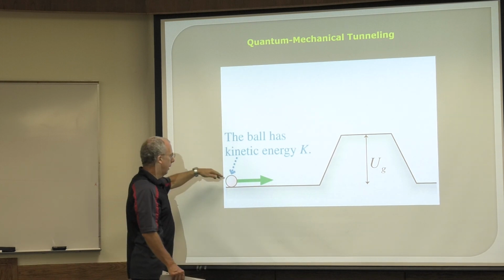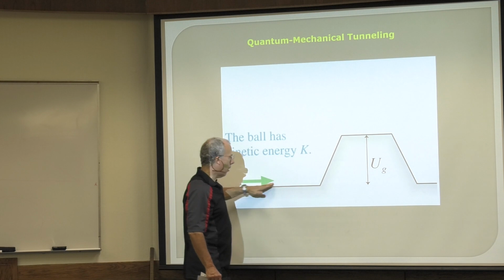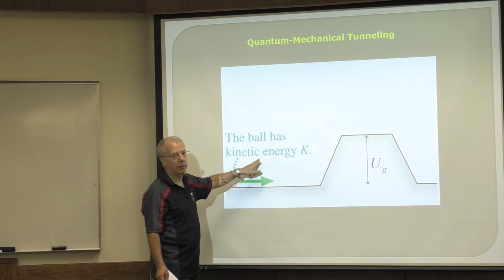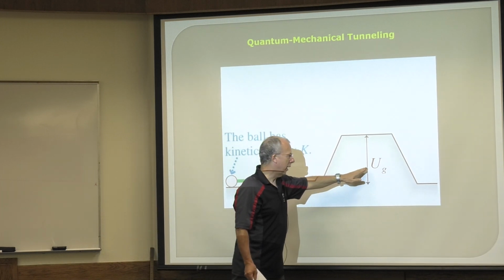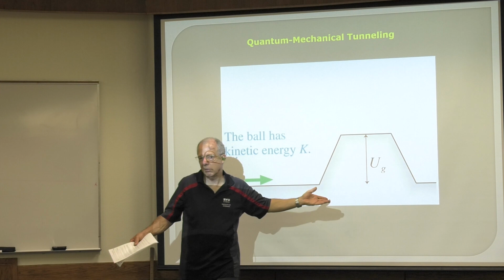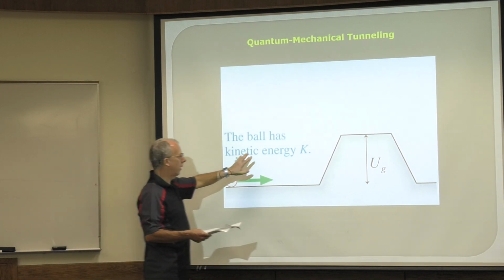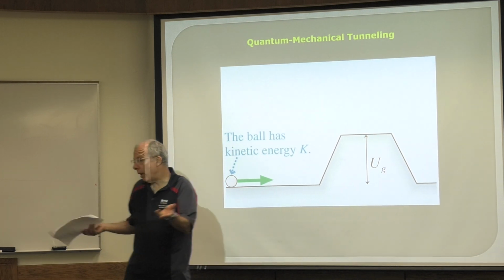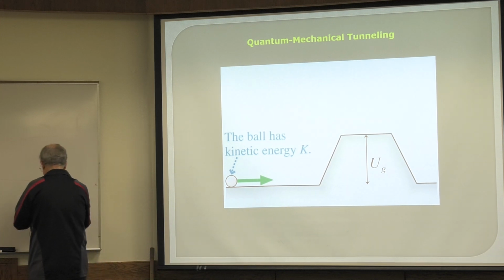The ball has kinetic energy, right? And in order for the ball to get up here, what has to be true about the kinetic energy? Well, the kinetic energy has to be greater than UG, right? That makes sense. Now what if the kinetic energy is less than this? Well, then it doesn't get over the hill. I mean, it just doesn't get over the hill.